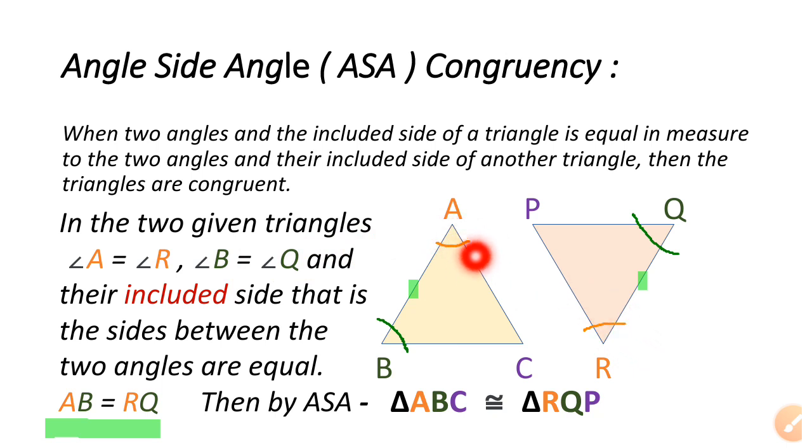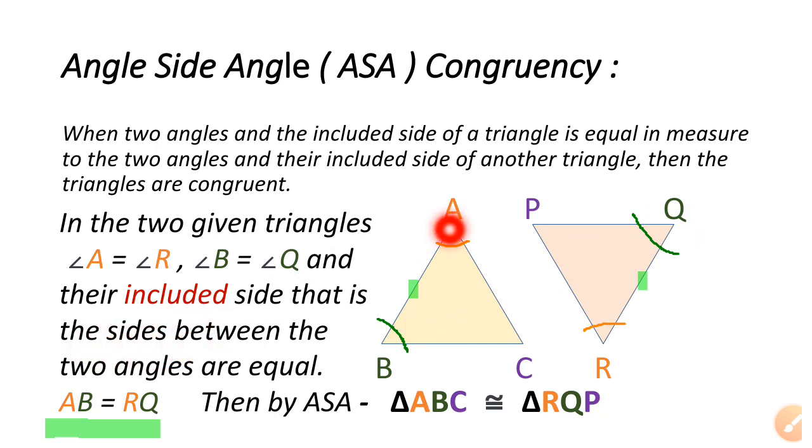Whenever we take point A for triangle ABC, at the same time we have to take angle R for this triangle. So point A corresponds to R, and in the same way point B corresponds to Q. That's why here AB is taken, so here it is RQ. AB is equal to RQ.